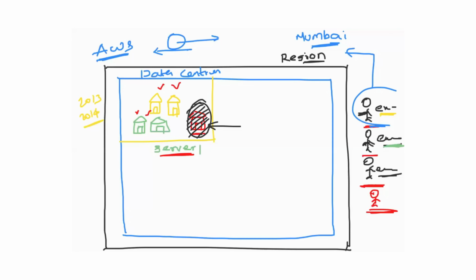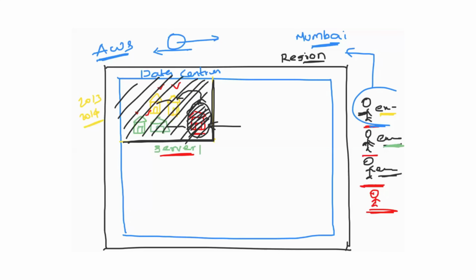Now, because all of them are on the same physical server inside the AWS data center, the hacker can easily come here, and here, and here, and he can hack the entire thing, right? So just because of example 3, or just because of the startup, all of the servers are hacked, because AWS was creating all the instances on the same server, or it can also create them on different servers.